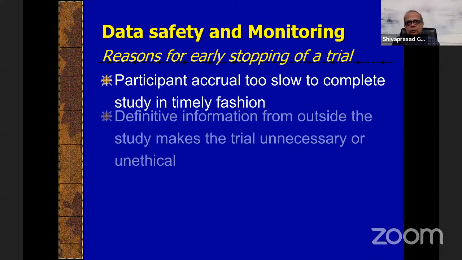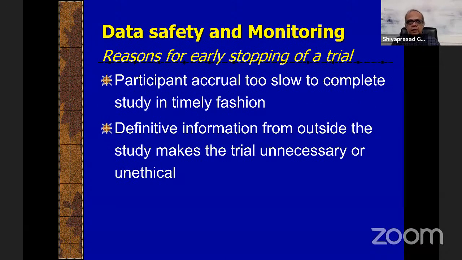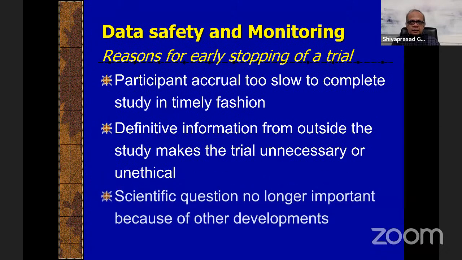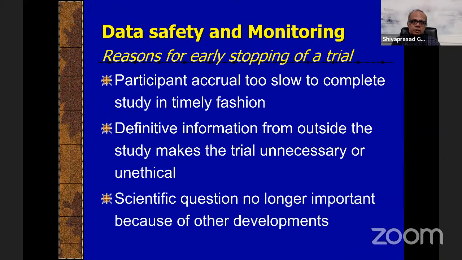The DSMB can also stop the trial for a number of other reasons that relate to the way the trial is completed or the trial is being implemented. You said you will do the study in 2 years, and even at the end of 2 years, you have not even recruited 40% of the expected population. The funds are running out.